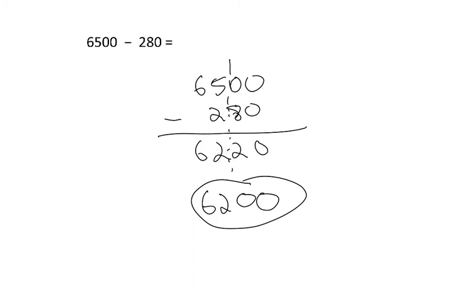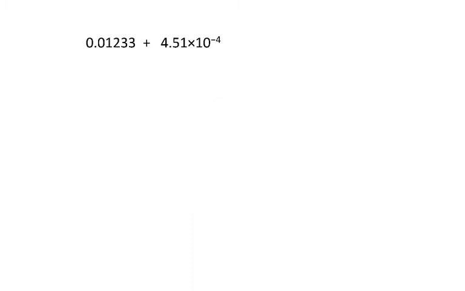All right, one more example. Okay, when I'm dealing with numbers in scientific notation and I'm adding or subtracting them, it can be a little bit tricky because it wouldn't be correct to line up these numbers as they're written with the decimal places because, you know, this number is not 4.51, it's 0.000451.